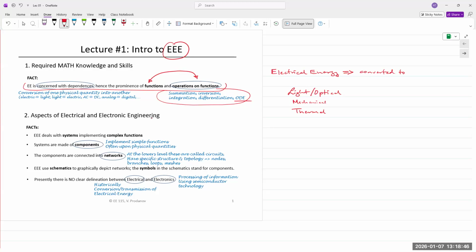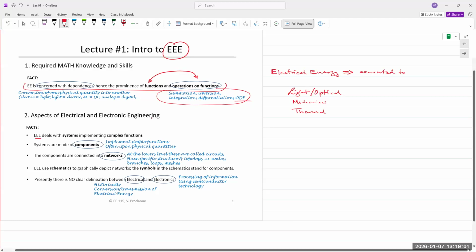All right. So EEE deals with systems where we implement complex functions. That's an automatically given statement. Systems are made up of tiny different parts. Each part or each component is connected into a network.